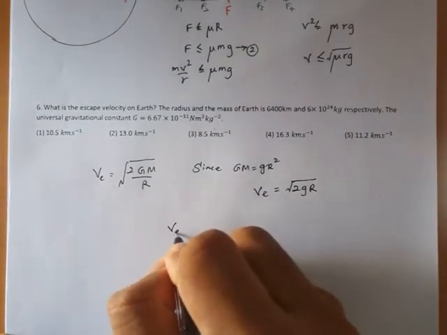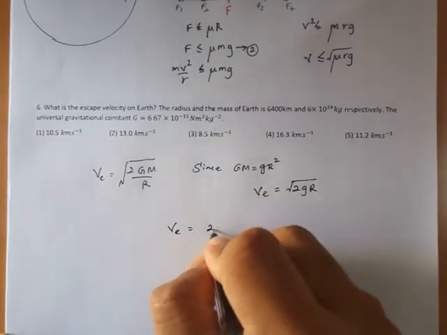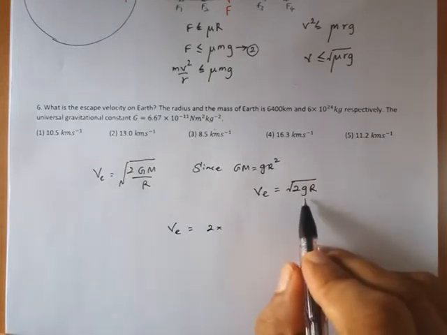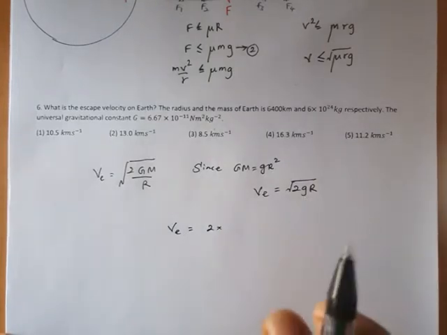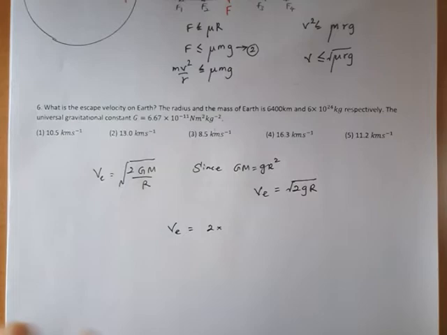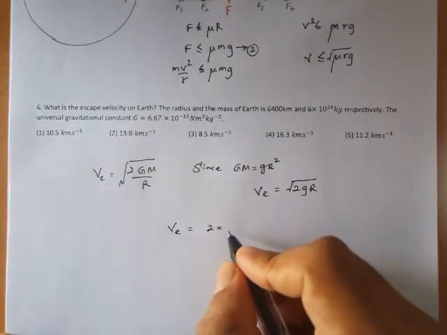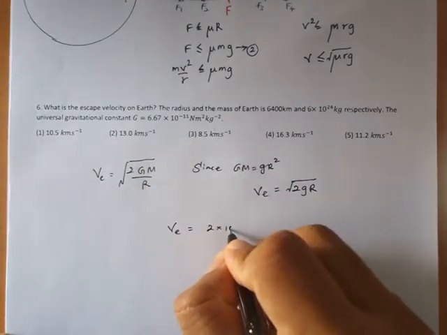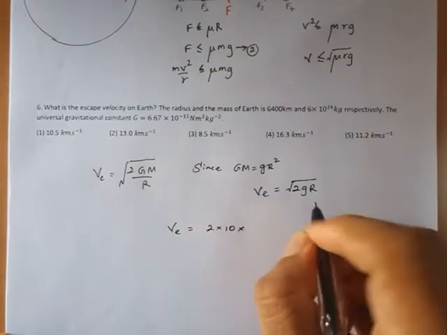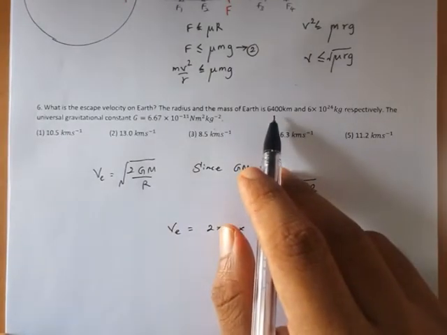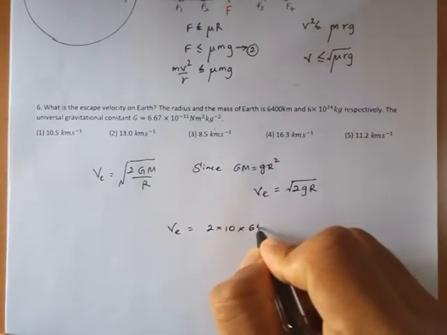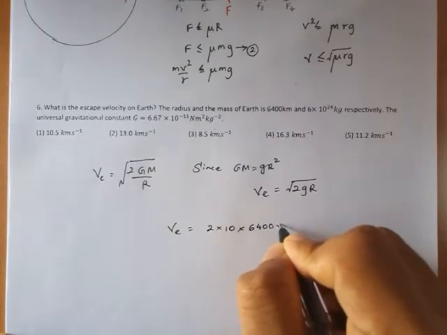So I can write 2 times the gravitational acceleration of Earth, that is 10 m s^-2. It's provided on the front page of your paper. So 10 times the radius of the Earth, 6,400 kilometers.